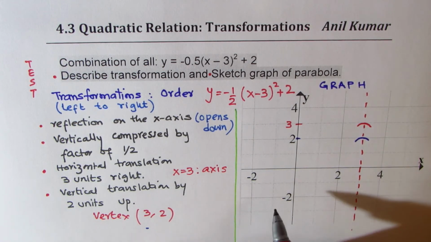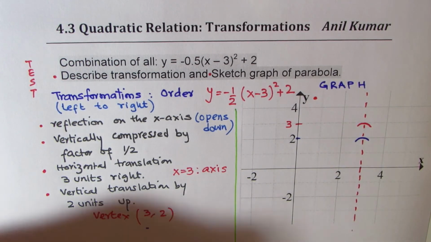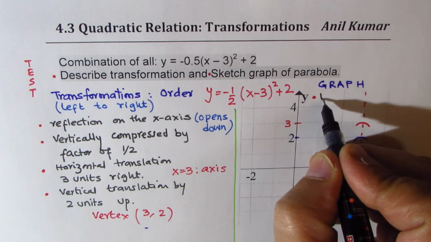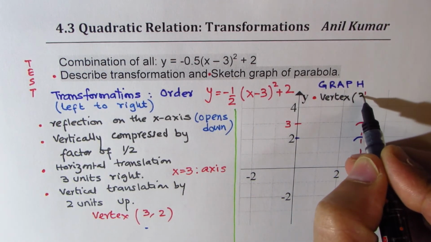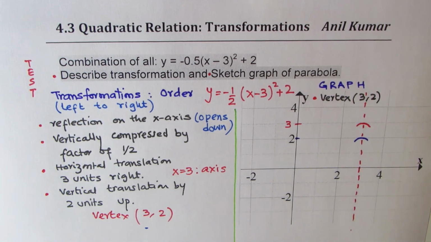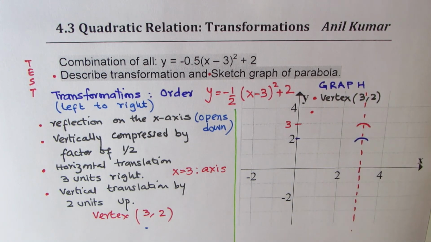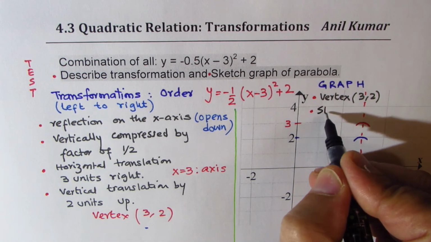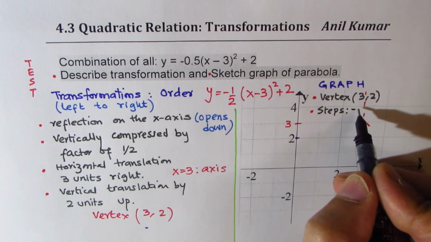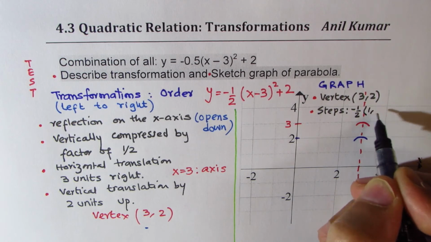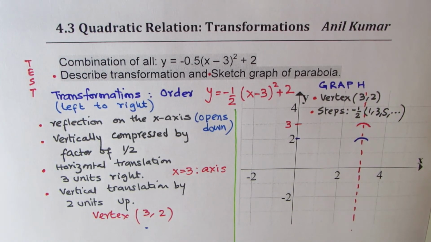First step is identify the vertex, which is in our case 3, 2. And the second step is to get the steps right. Now in our case, minus half of 1, 3, 5, 7. Those are the steps, correct?